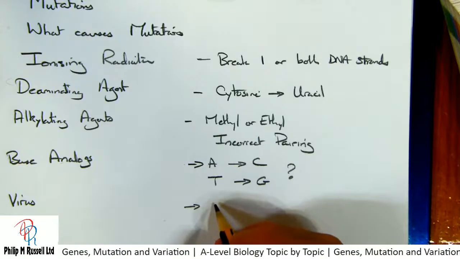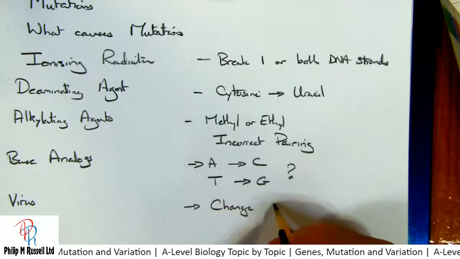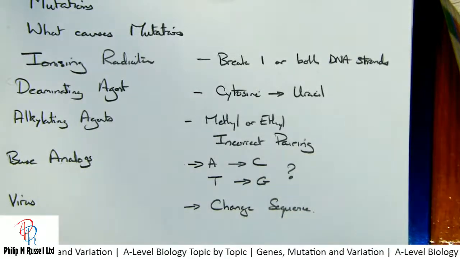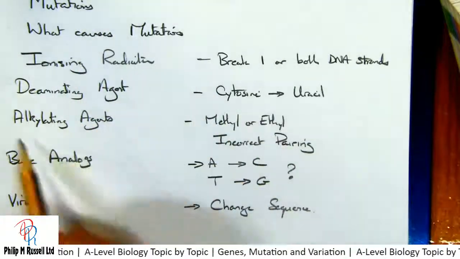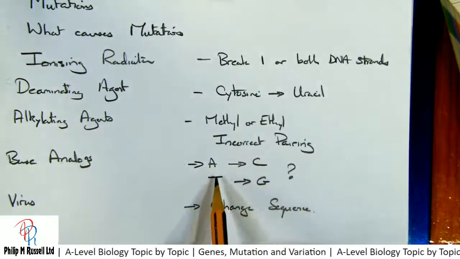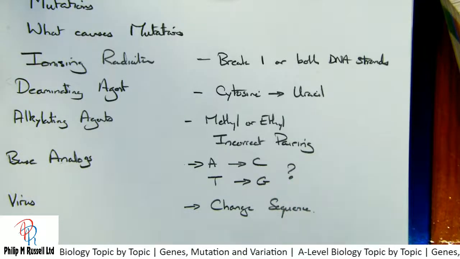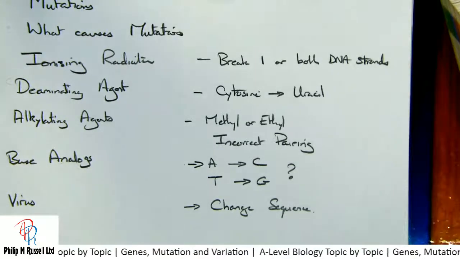So this is just going to change the sequence. And all of these things are going to cause a change in the DNA. Let's look at each of these in turn and see what's actually going on.